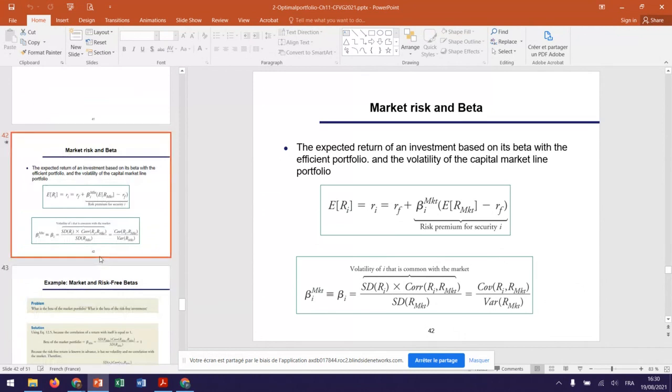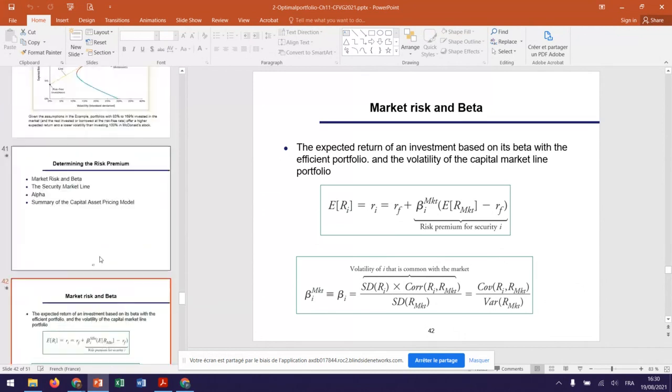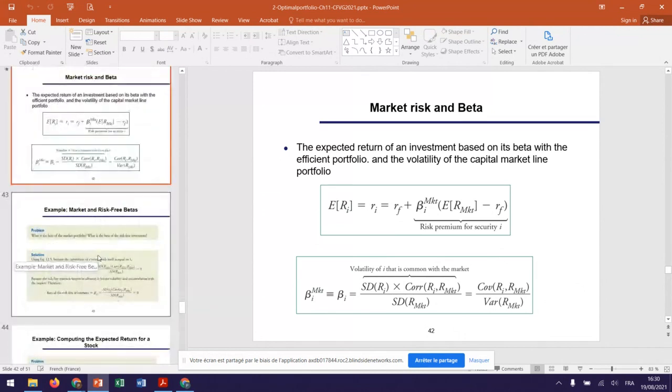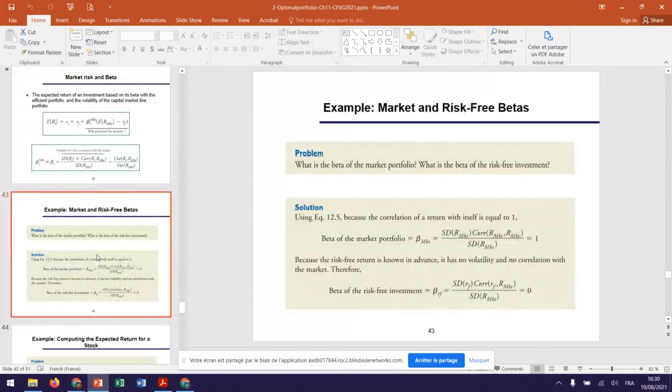If you understand the concept of beta, let me check your understanding. What is the beta of the market portfolio? How sensitive is the return of the market relative to the market? The beta should be 1, isn't it?